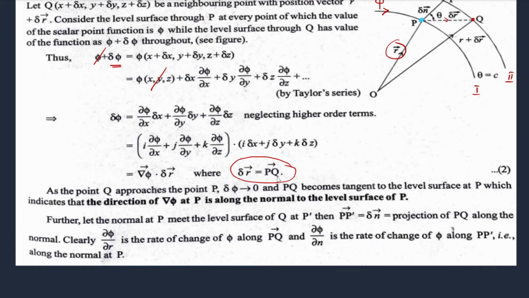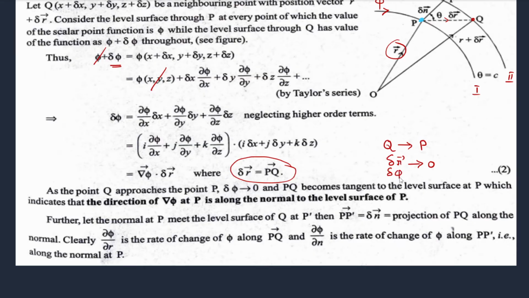What I said, Q is very near to P. If the point Q gradually comes towards the point P, then what will happen? The value of δr tends to 0.